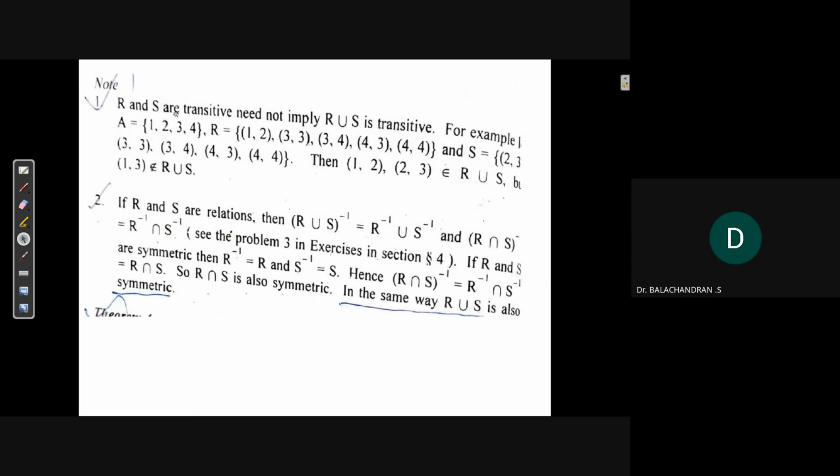Here I am going to give an example, since maybe they will ask it in two more questions: give an example of two transitive relations whose union is not transitive. The union of two transitive relations need not be transitive. Give an example. They will ask like this.